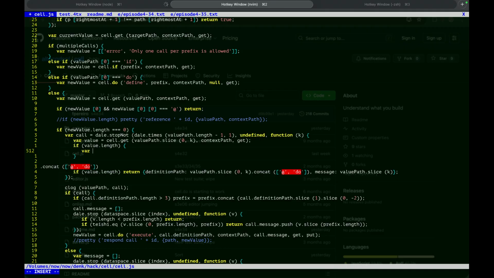Equals will be, I would go basically from the end.